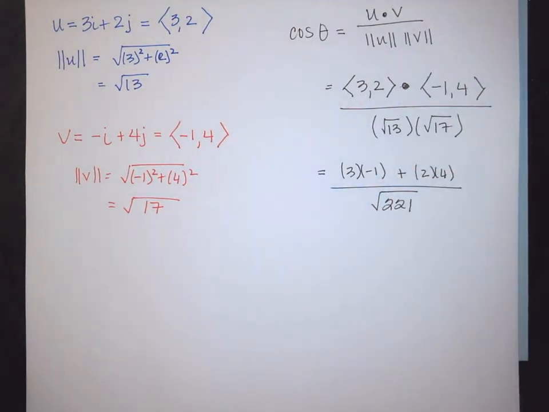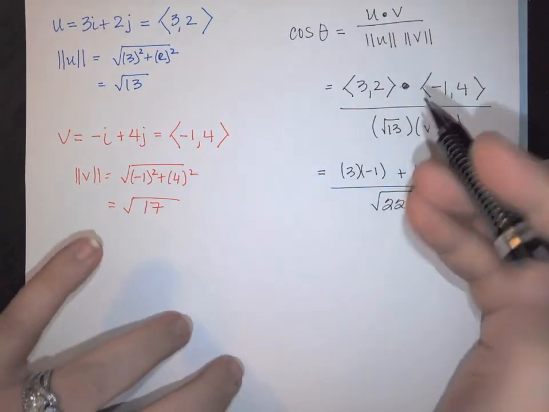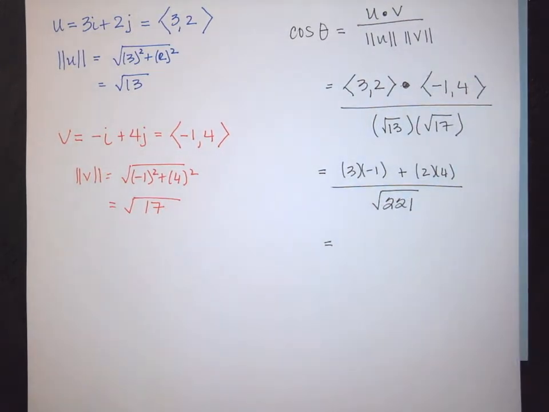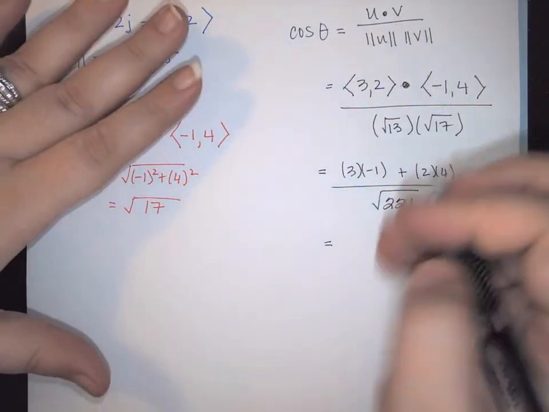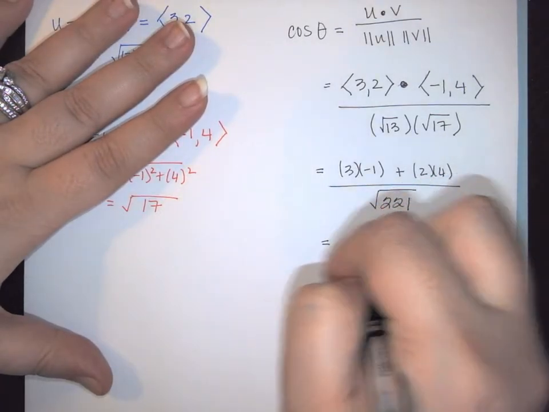So when we look across the top, we have 3 times negative 1, which is negative 3. 2 times 4 is 8. Negative 3 plus 8 is going to be 5. So we're going to have 5 over the square root of 221.